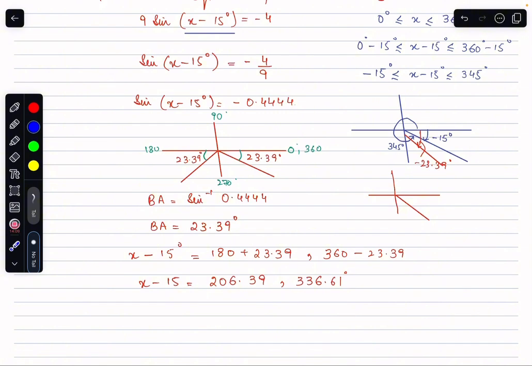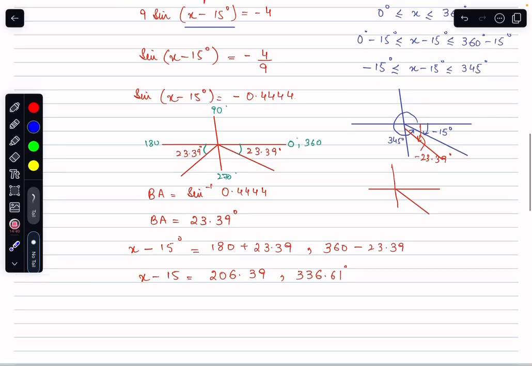Instead, it's the first anti-clockwise angle in the third quadrant and then in the fourth quadrant here. And I can see that 206.39 and 336.61 are very well within the domain of negative 15 up till 345 degrees. So I have the two angles with respect to x minus 15, which are validating the domain that we have found for negative 15 up till 345.